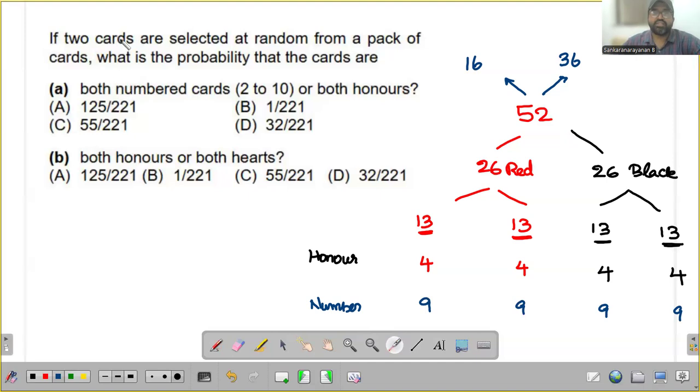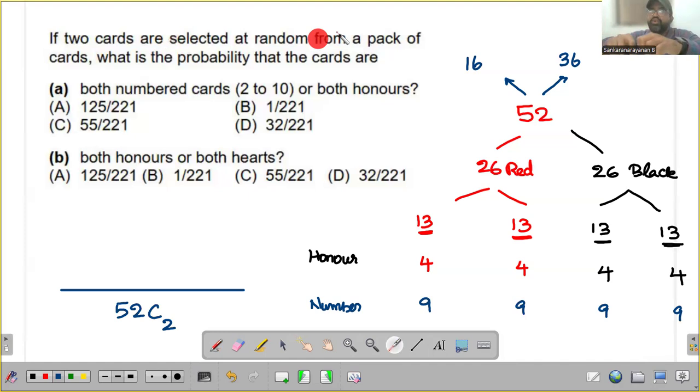Now the question is, if two cards are selected from a random pack of cards, what is the probability that the cards are both numbered cards or both honor cards? So the total number of outcomes in this case will be nothing but 52C2, because the two cards are selected at random.